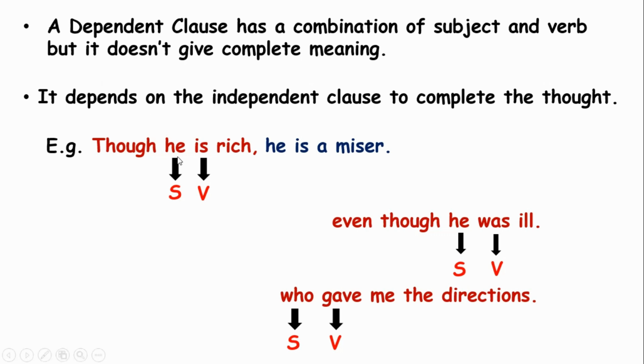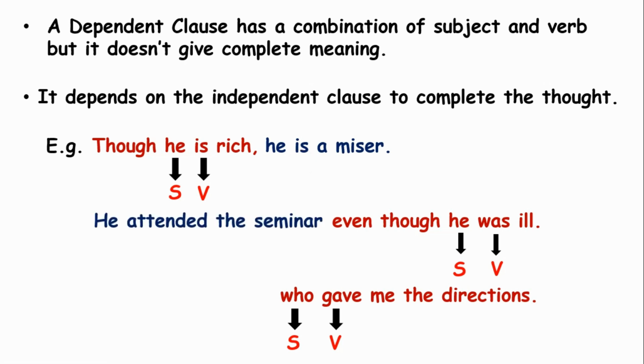If you don't use this part, though he is rich, even then you can use he is a miser. It is a complete sentence, a simple sentence. He, subject, is, verb. But without he is a miser, you can't use though he is rich because it is incomplete. So, dependent clauses depend on an independent clause to complete their meaning.